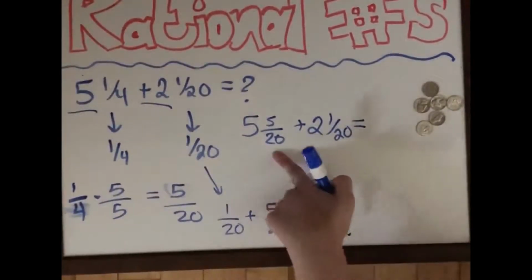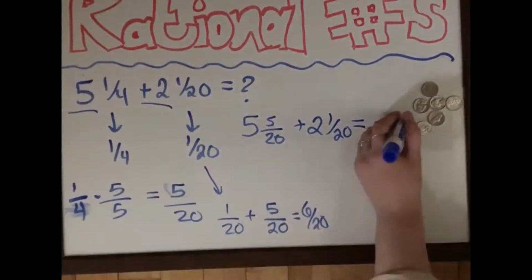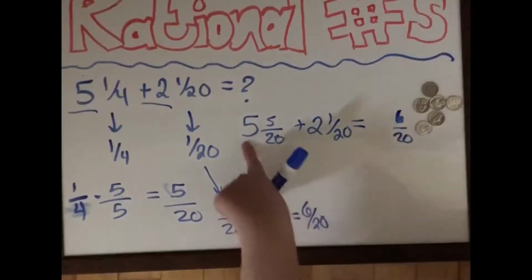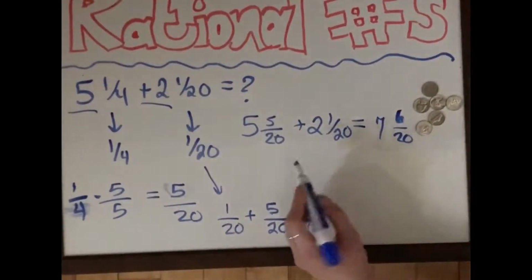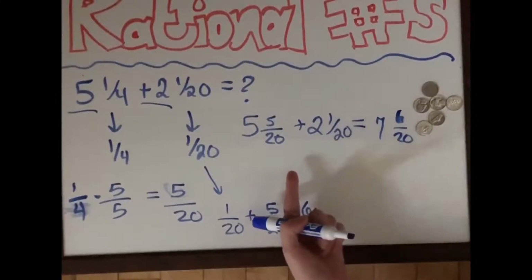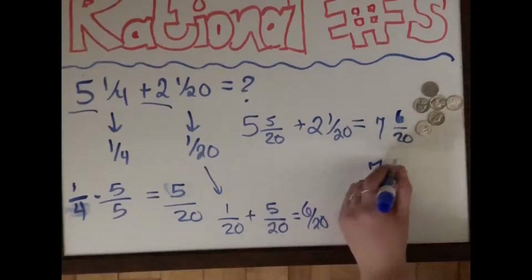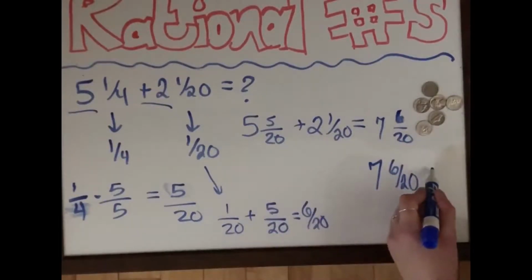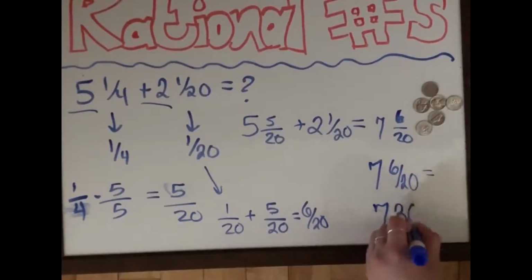The 5/20 plus the 1/20 equals 6/20, and we have 5 plus 2 equals 7. So 5 1/4 plus 2 1/20 equals 7 6/20, which equals $7.30.